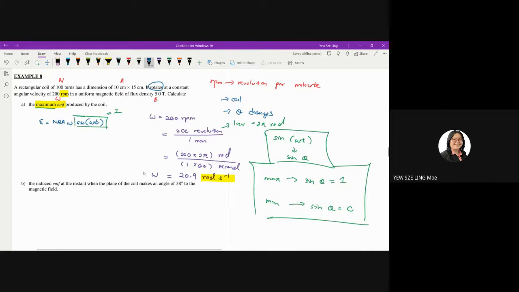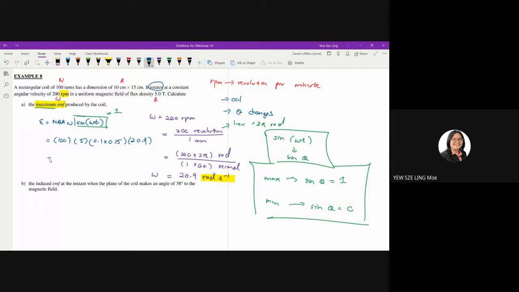Now that we have ω in terms of SI unit, we can solve the question. So N is 100, and B is 5. The area is 10 cm by 15 cm, so 0.1 times 0.15 in SI units. And then ω is 20.9.